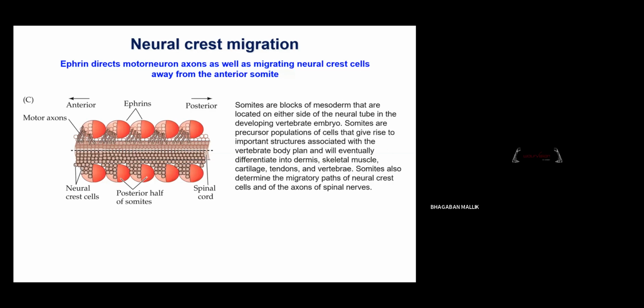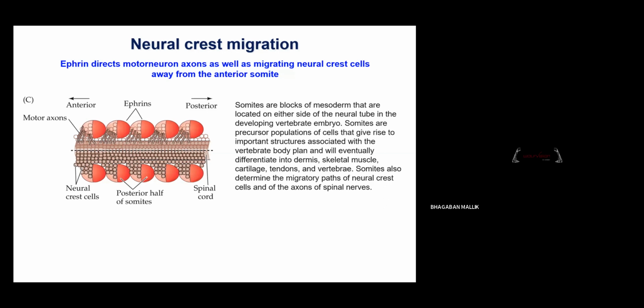This is the anterior portion of the somite, and this is the posterior portion of the somite. So this is the signal that determines where the neural crest cells will migrate. So it basically potentiates anterior migration of the neural crest, and it suppresses posterior migration of the neural crest.